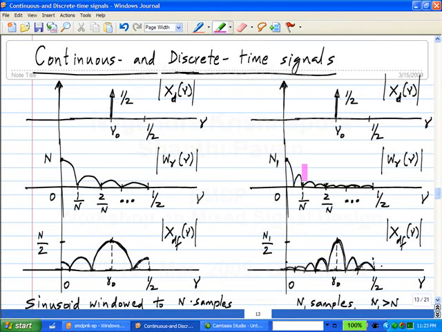I will get something similar to this, except that this is 1 over n1, 2 over n1, and so on. Because of this, the zero crossings are more closely spaced compared to here. So the first one will be at n1, this one will be at some fraction of that, and then it goes down. Because the zero crossings are closer, there will be more of these, and it goes down to a lower value compared to this.